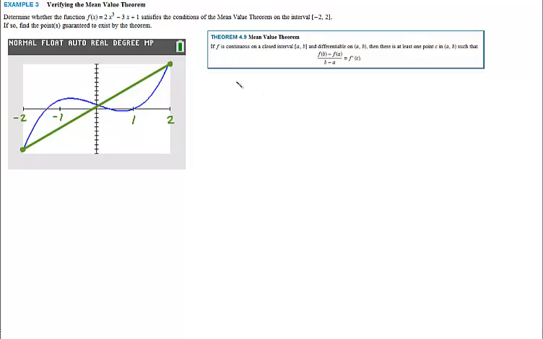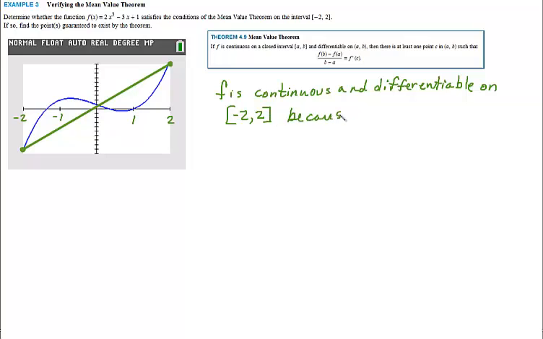Alright, f is continuous and differentiable on -2 to 2 because f is a polynomial and is continuous and differentiable everywhere.